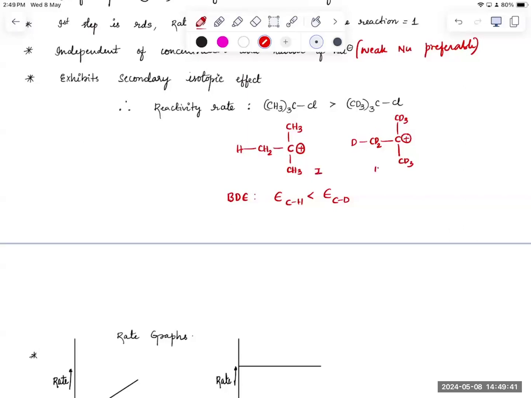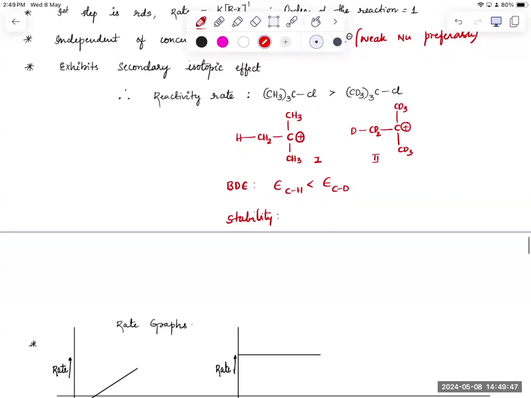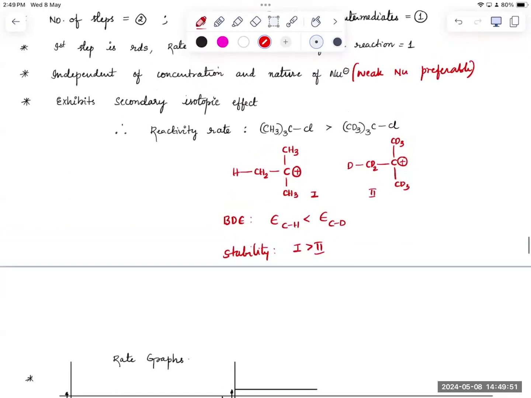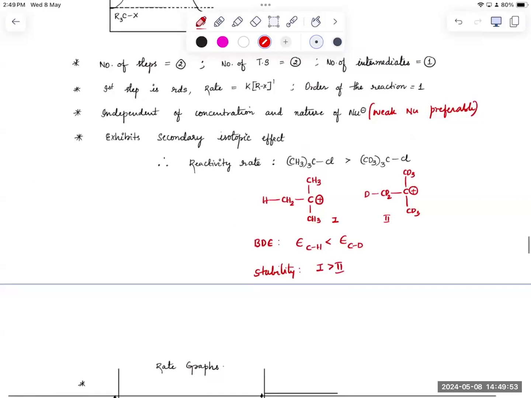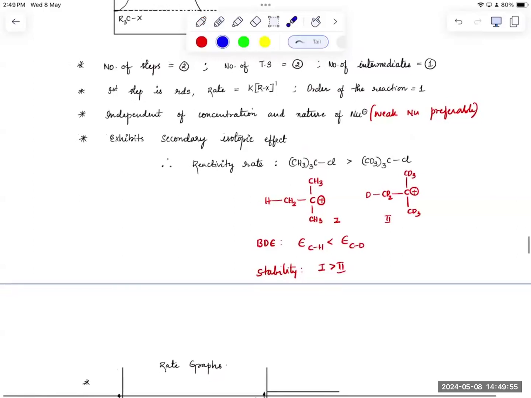So if these are 1 and 2, stability wise, the first will have better hyperconjugation stability and the second will have less. That's why, if hydrogens are replaced by deuterium, the rate will always decrease because the carbocation will be less stable.